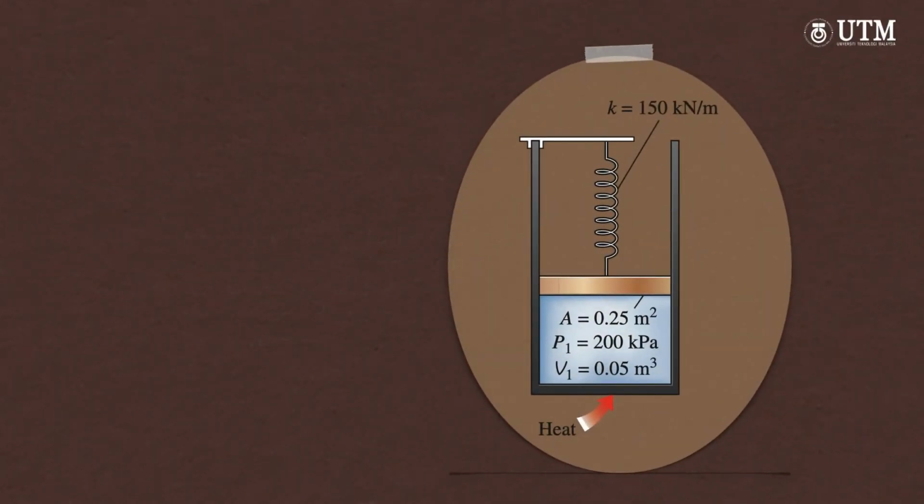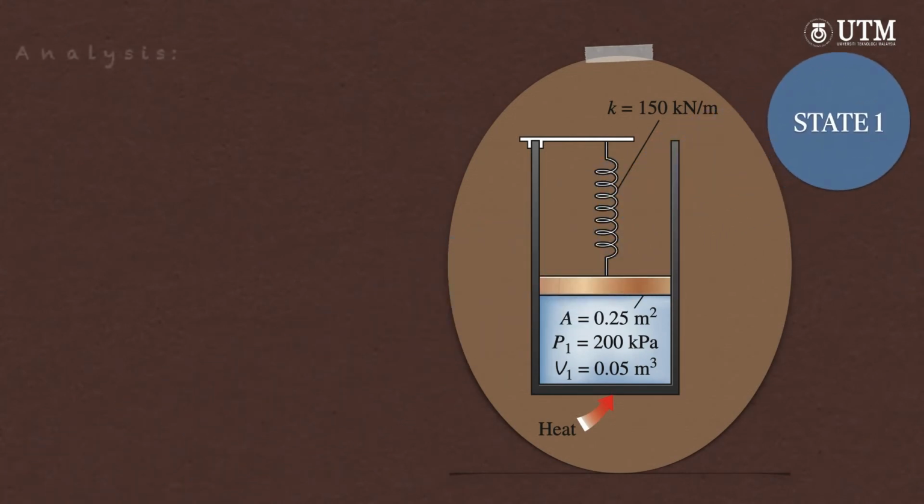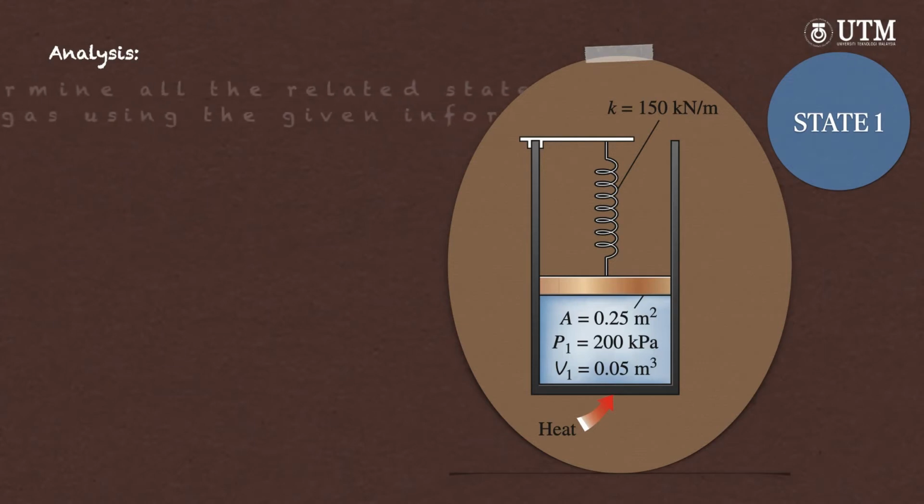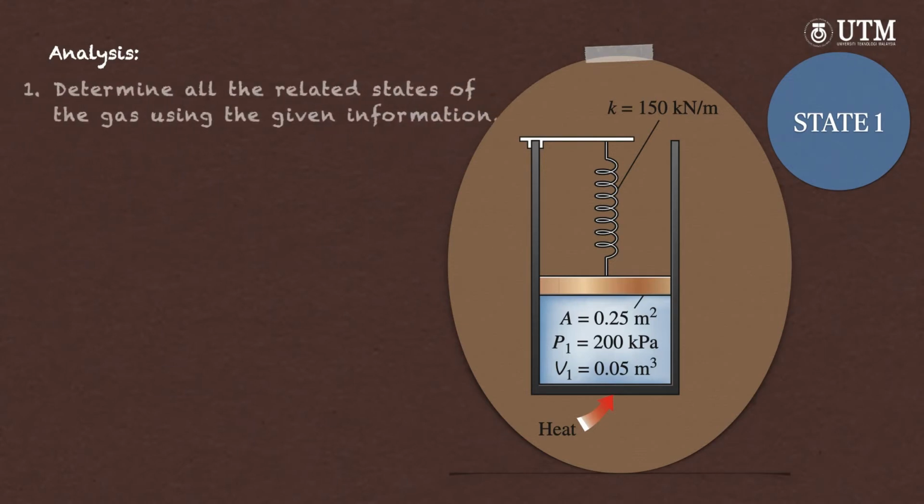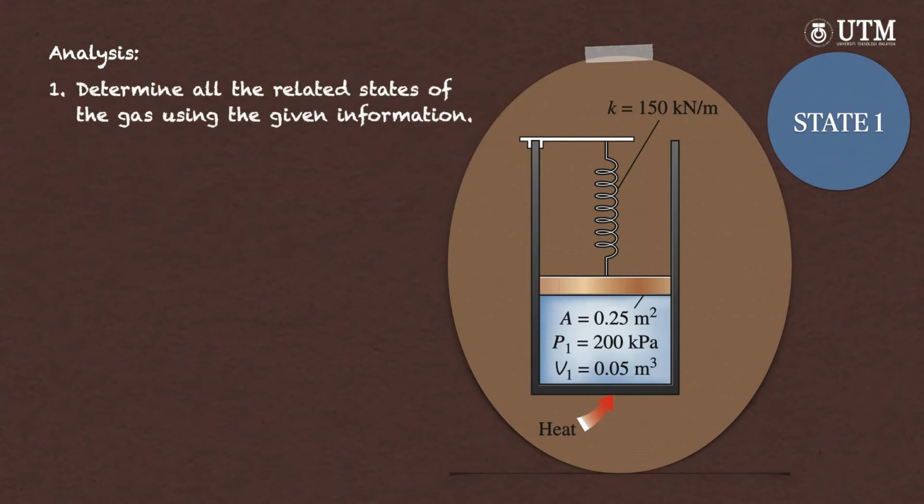For step 1, we begin by determining the gas properties at state 1 using the available information. The gas initial volume and pressure have been given as 0.05 cubic meter and 200 kilopascals, respectively.